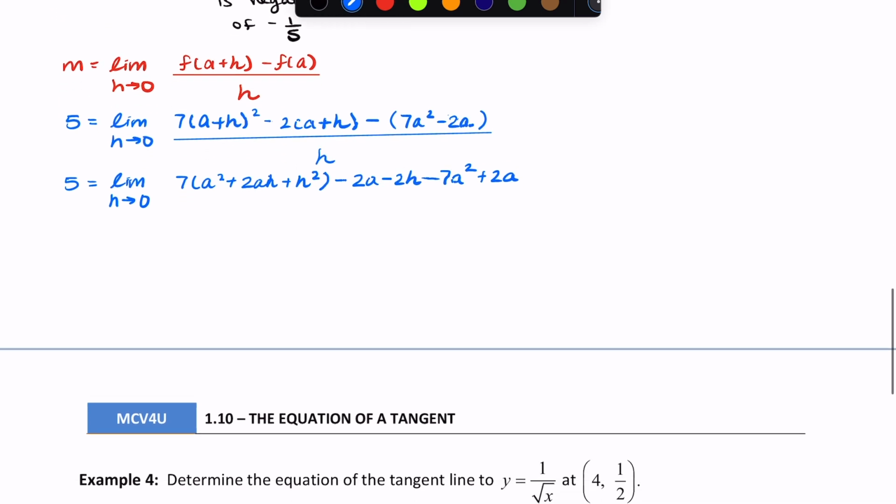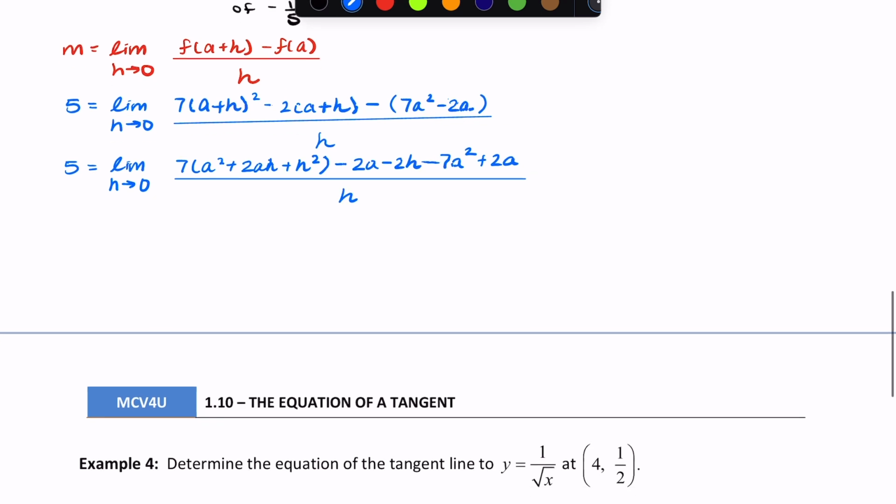Okay, and that's all over h. Okay, so let's expand the 7 into each of these components here.